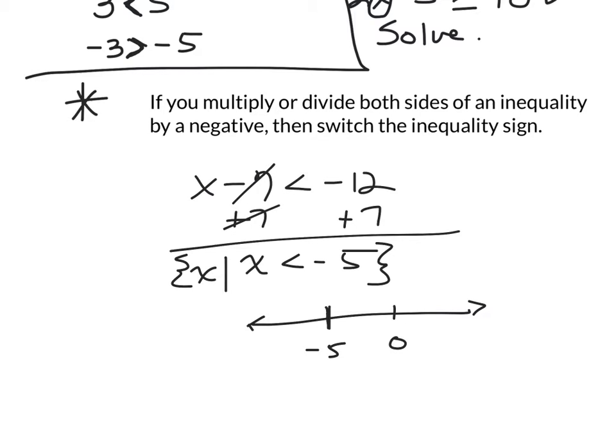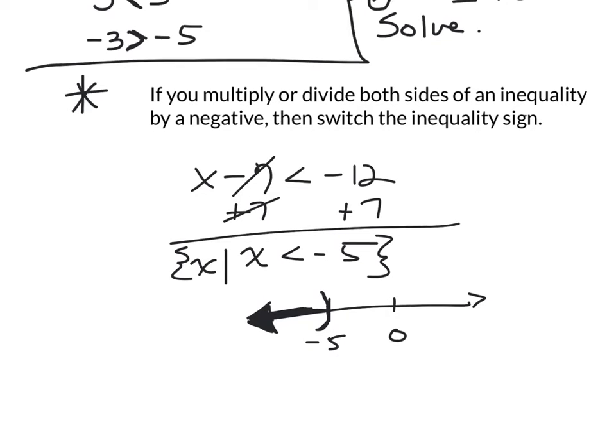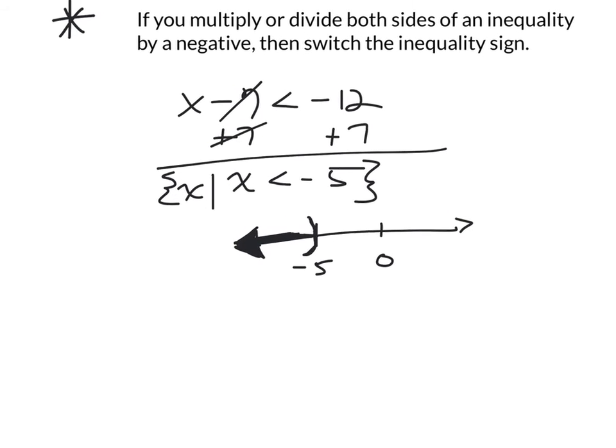Do you remember whether I use a parenthesis or a bracket? Parenthesis because I don't want to include negative 5, right? So parenthesis at negative 5 and shade to the left. So that's expressing the answer graphically.